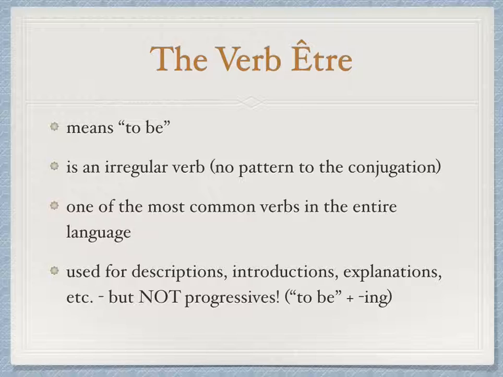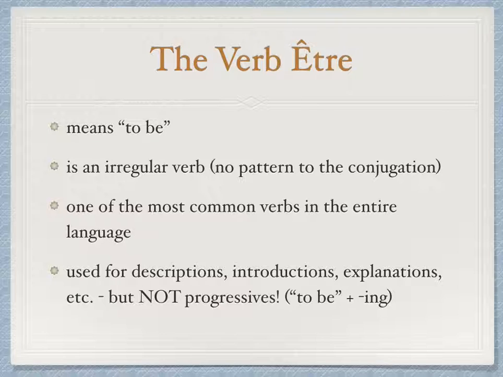We're going to say je joue. We will not use the verb être to explain I am playing. We will only use it for things like I am a student, I am a player, possibly, I am bored today, whatever it is that you're describing.